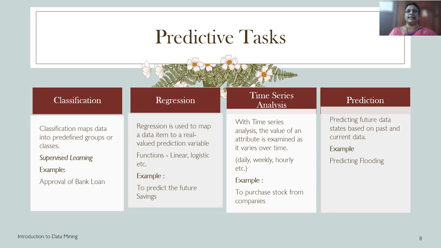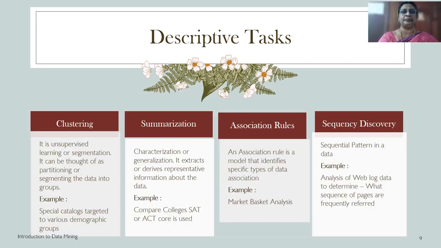The fourth one is prediction. It is like predicting the future by analyzing historical data. For example, weather forecasting, like predicting there may be a flood or storm on a particular day. So these tasks come under predictive analysis: classification, regression, time series analysis, and prediction.